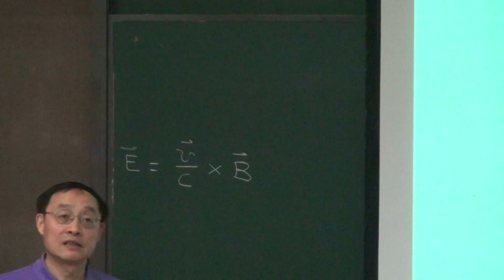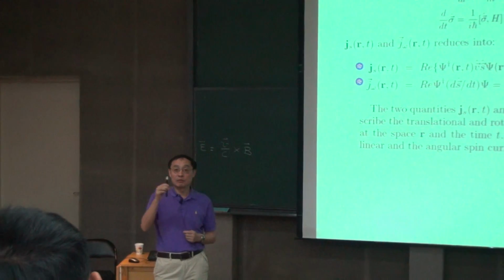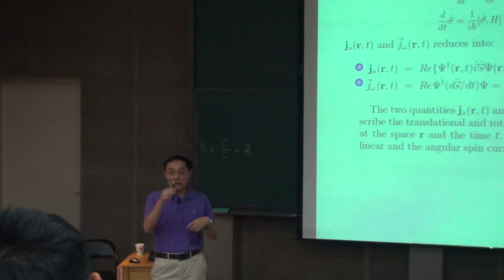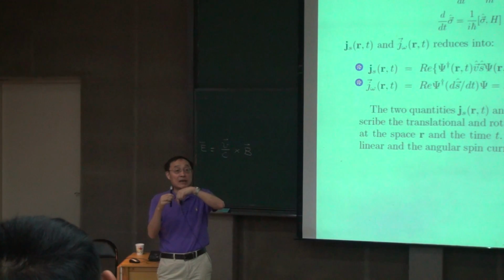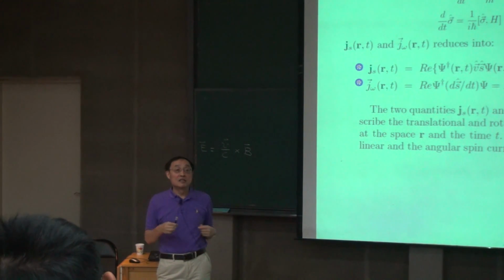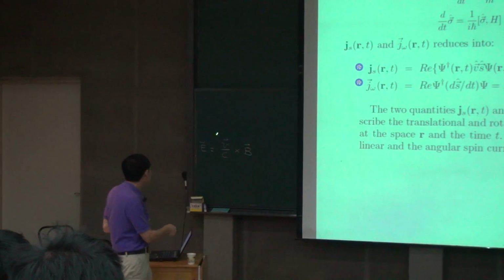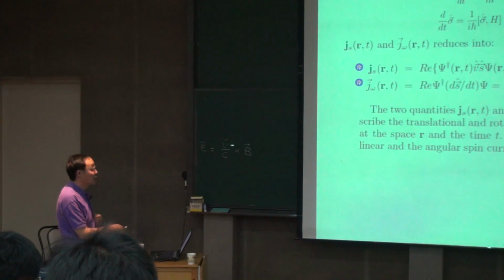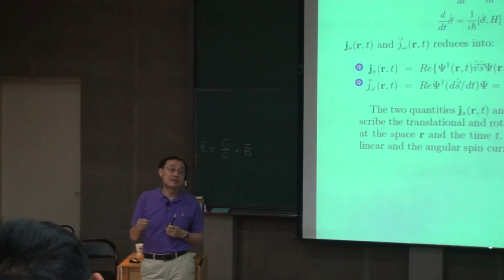Now for the spin motion, the picture is spin up moving in one direction, spin down moving in the opposite direction. Spin up and spin down create different magnetic fields, in opposite directions, so the net magnetic field from spin up and spin down will cancel out. But for the electric field, the velocity also has a different sign, moving in the opposite direction, and the magnetic field has a different sign, so the electric fields from spin up and spin down add up.